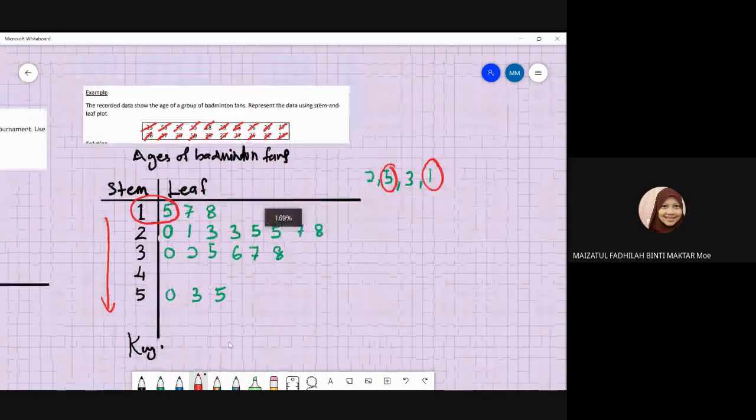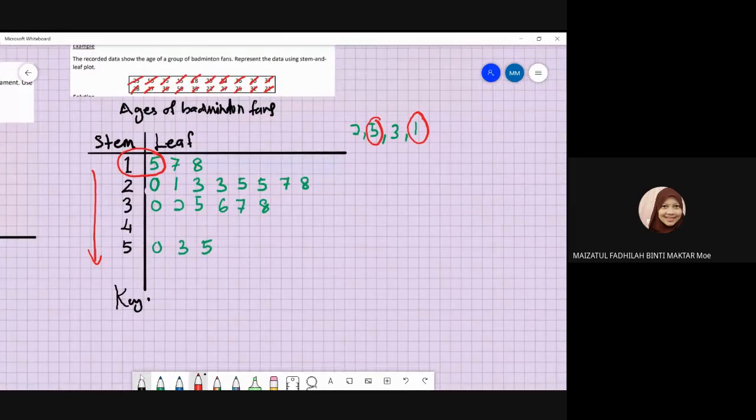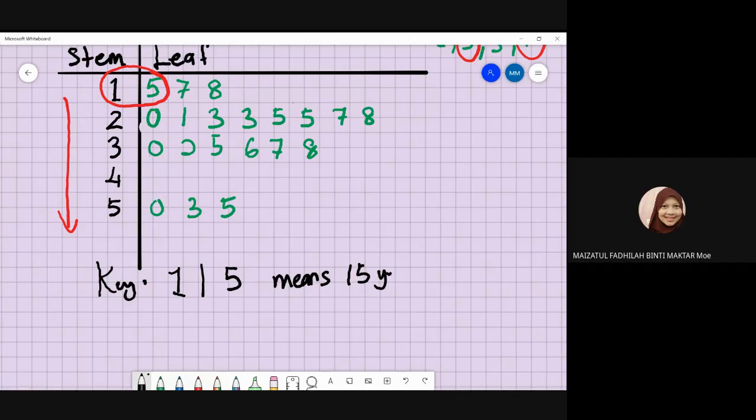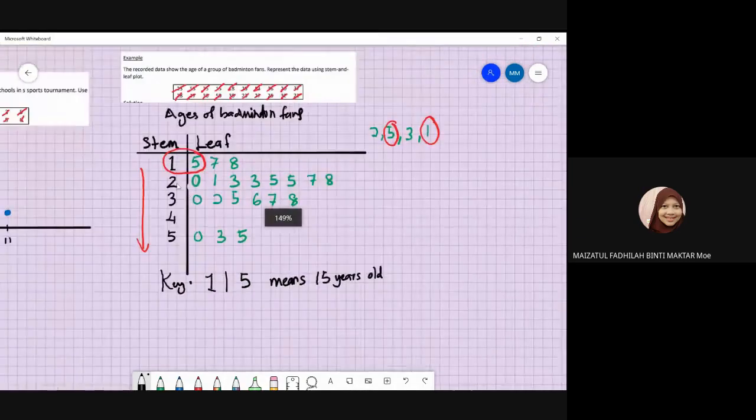So the key from this one is 1 stroke 5, a straight line. 1 stroke 5 means 15 years. Let's see the first unit here. So 1 stroke 5 is 15 years old.